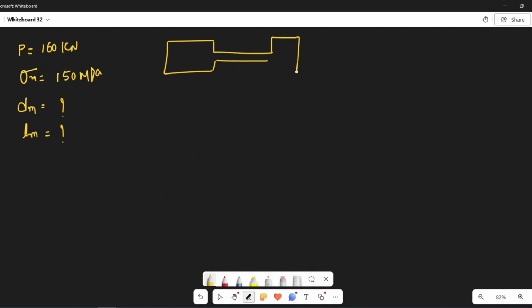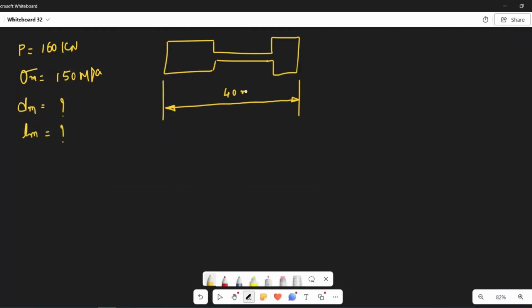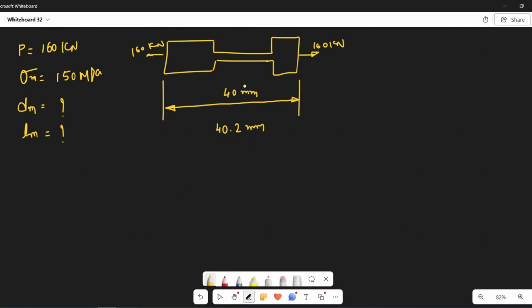The total elongation is limited. As the force is tensile in nature, it can extend up to 0.2 millimeter.